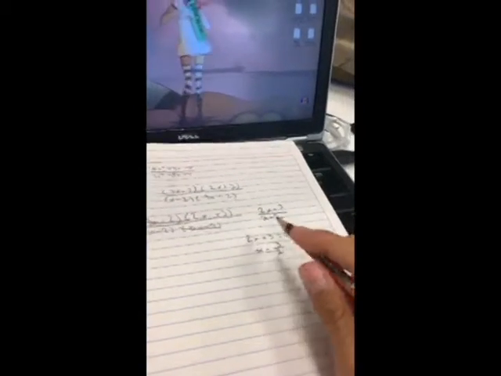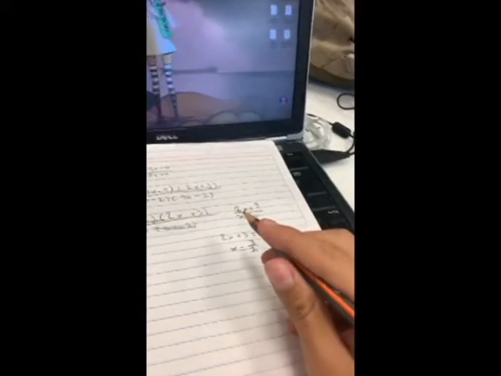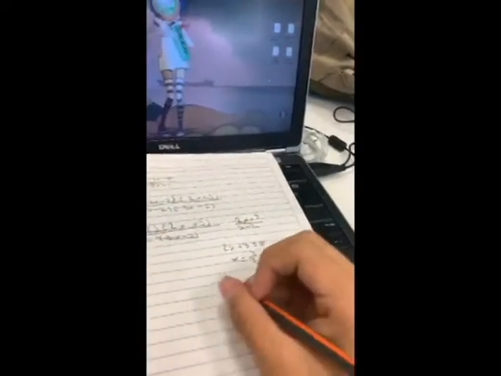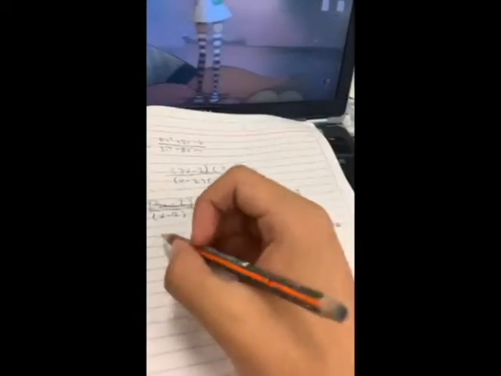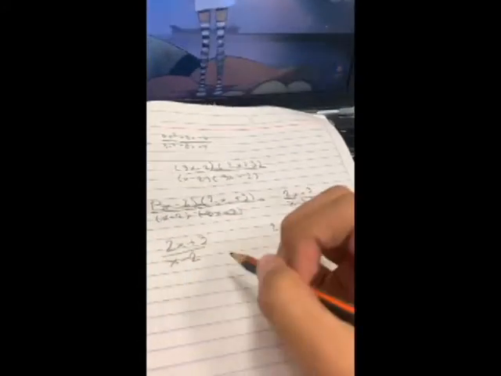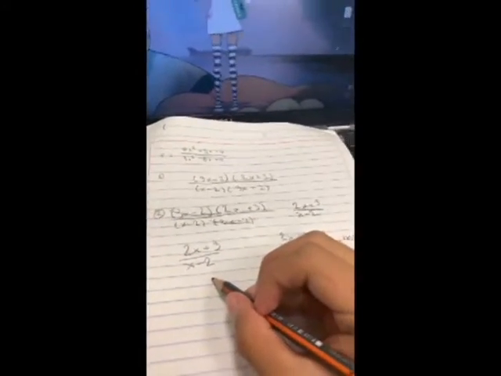Okay, so now we're going to find the y, and to find the y, we're going to grab this whole term, 2x plus 3 divided by x minus 2, and we're going to substitute the x with 3 divided by 2.